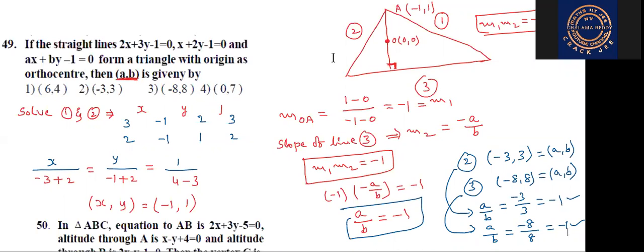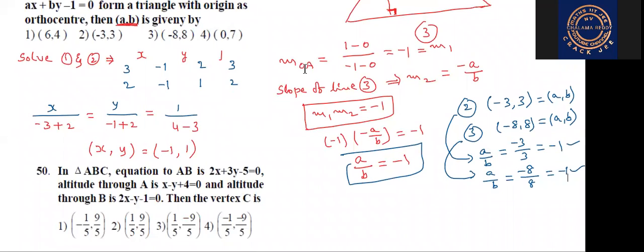Then how to do the remaining? Which option is correct? How to identify? Suppose I take a comma b as -3 comma 3. Substitute in the line.